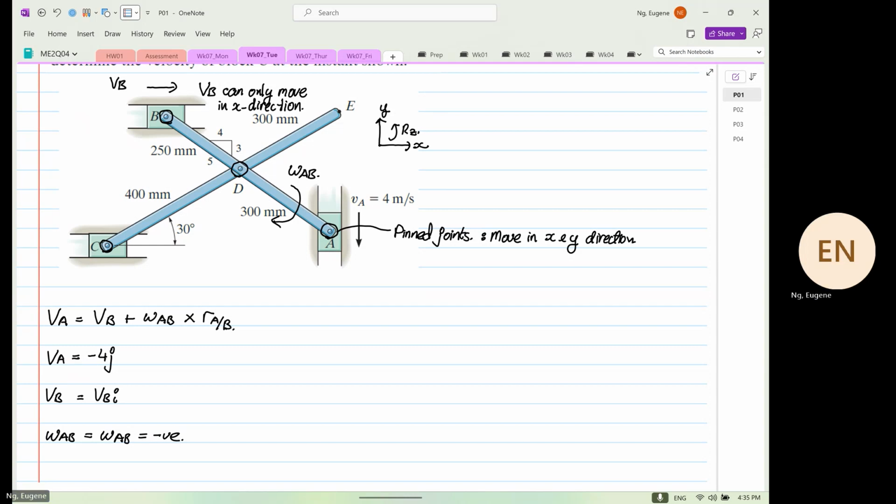Negative, because clockwise is negative. And immediately you can declare why this is a fact, because member ABD is what? A rigid body.